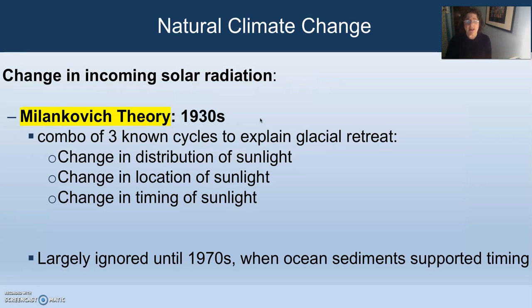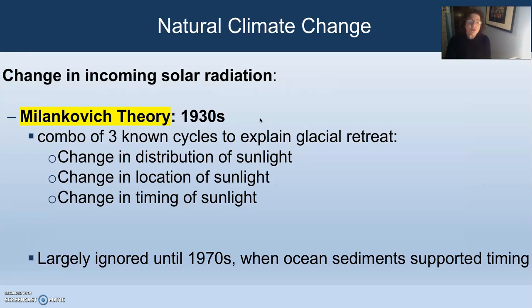The Milankovitch theory is a combination of three known cycles that were known to the Greeks. And these cycles were then used by Milankovitch, a Serbian astronomer, to explain glacial advance and retreat in the past.